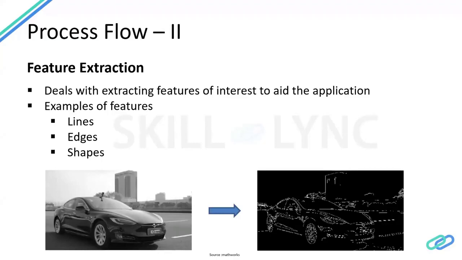There are methods to achieve the result that you see in the second picture. Examples of features could be lines, edges and shapes. In an application, as I mentioned before, the features you would be interested in are very much dependent on the application.